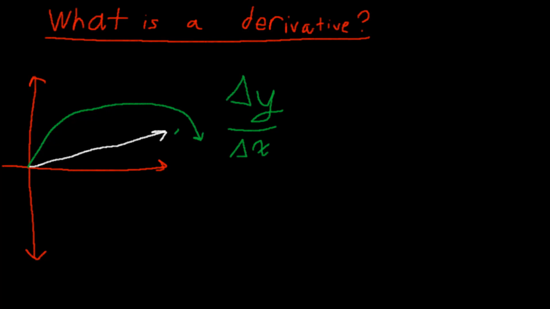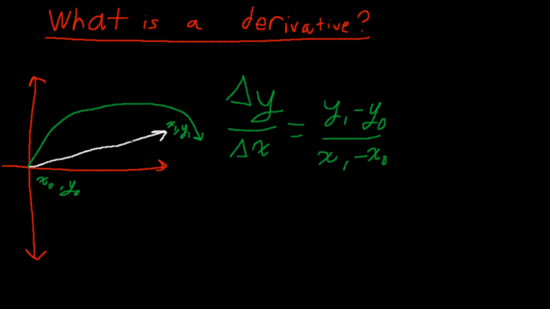If this is point x1, y1, then this would be x naught, y naught, and that's what you call it when it's a subscript of 0. You subtract these values, and that's really all delta y means. It's just y1 minus y naught over x1 minus x naught.